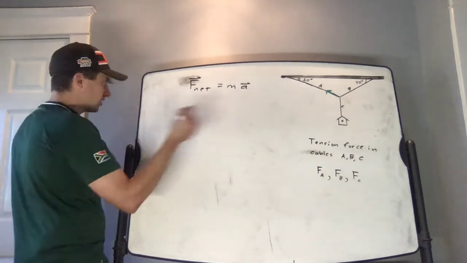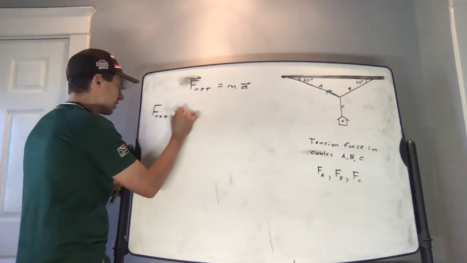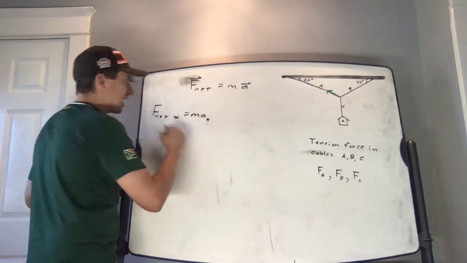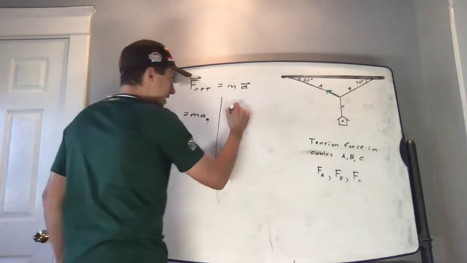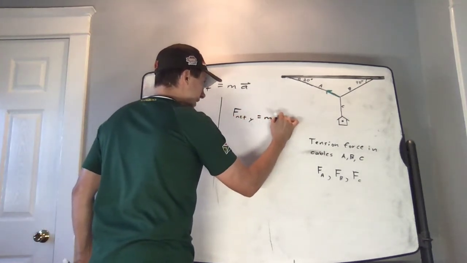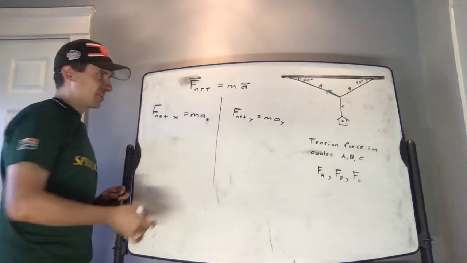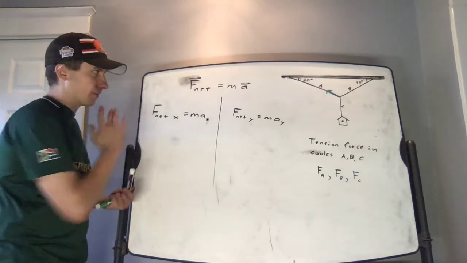I have one equation for the x direction, F net x equals max, and I have a second equation for the y direction, F net y equals may. Now, for the first part of this problem, we're not really going to see this, but for the second part of this problem, when we're working through it, this will be very important.